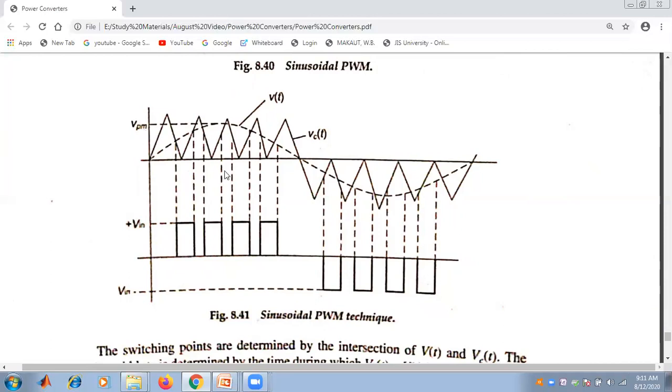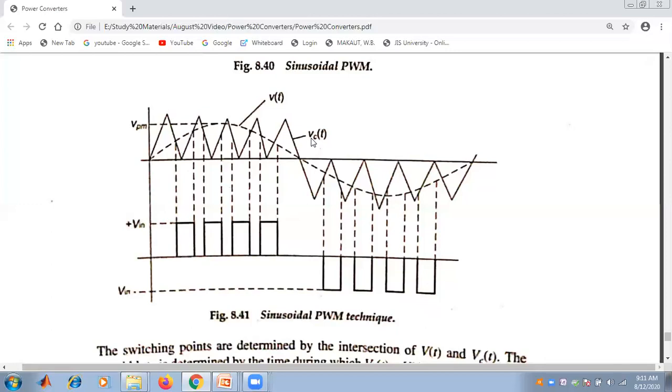And there is also a high frequency Fc, of a triangular carrier wave of amplitude Vc. This is a triangular carrier wave having an amplitude Vc and a high frequency Fc. So we have two graphs.